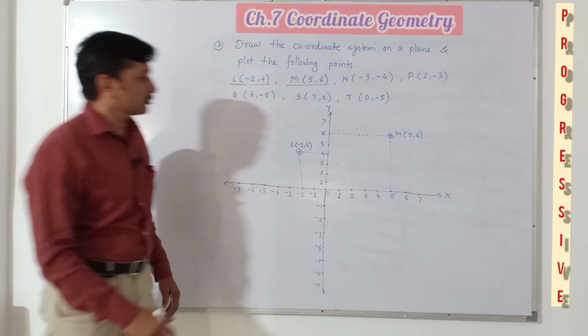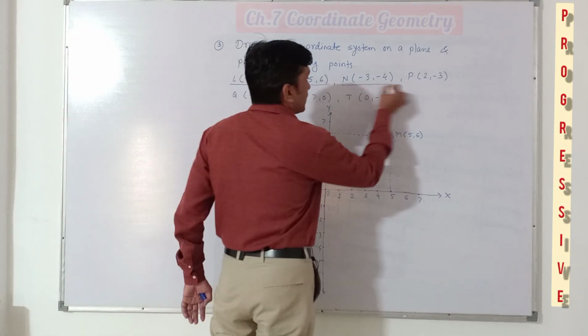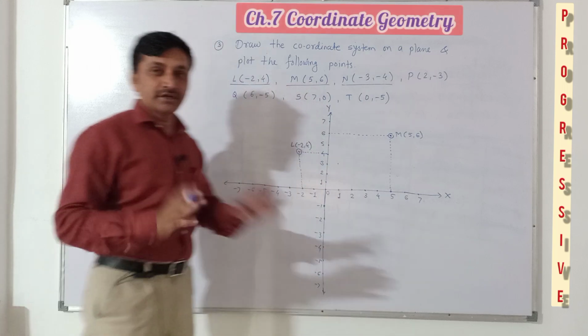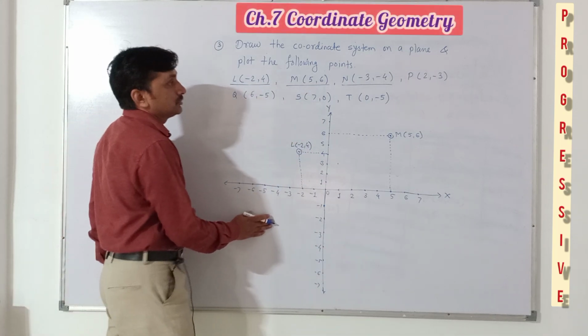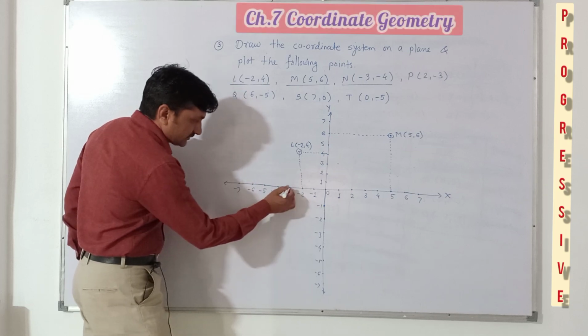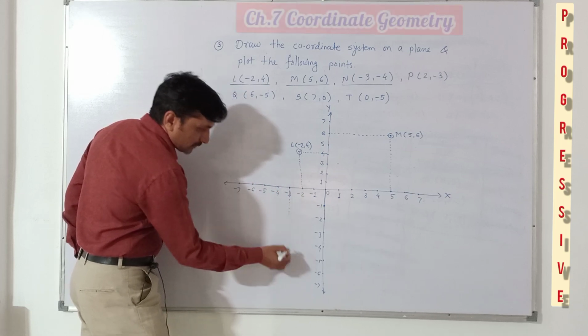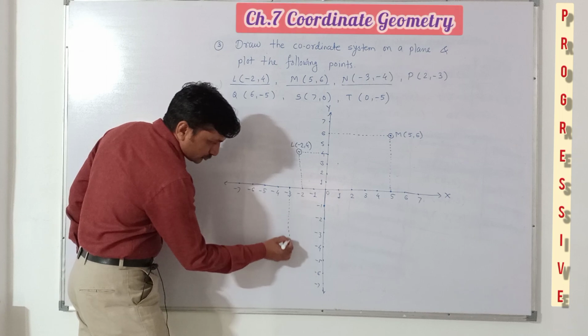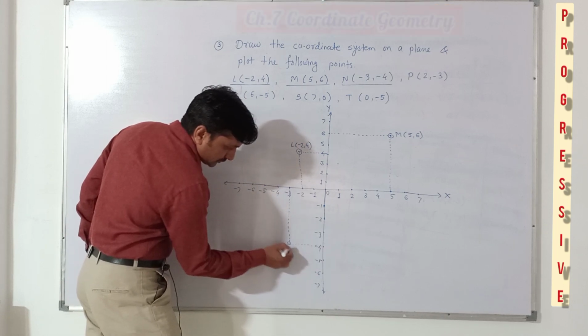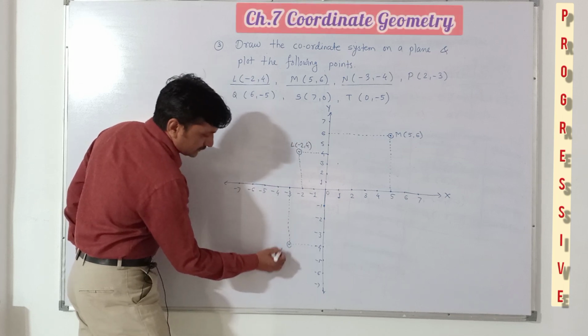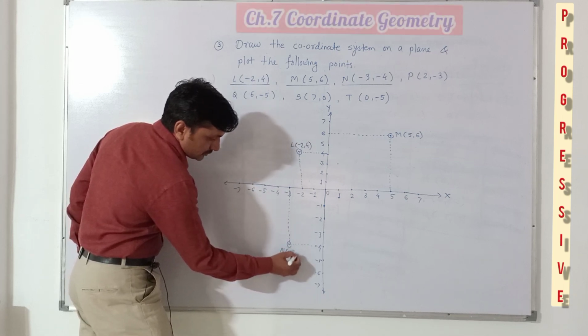M point, both positive. Third N point, -3, -4, both negative, here in third quadrant. -3 is here and -4 is here. Then till -4 you draw this dotted line, and here horizontal line. Point will come here, -3, -4, N point.